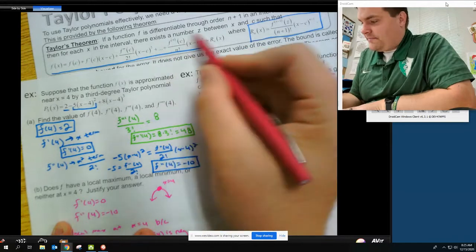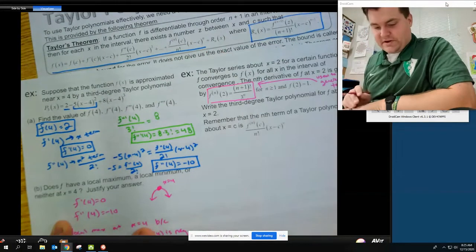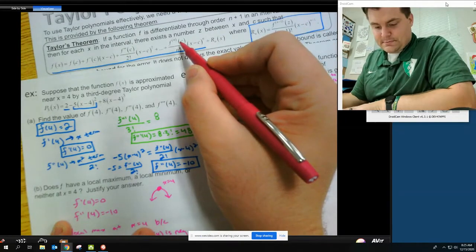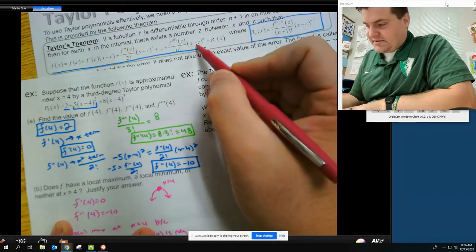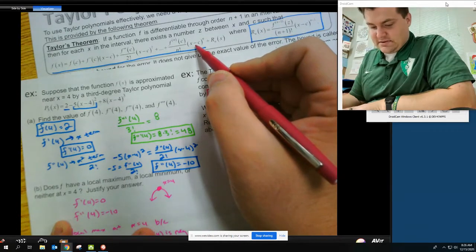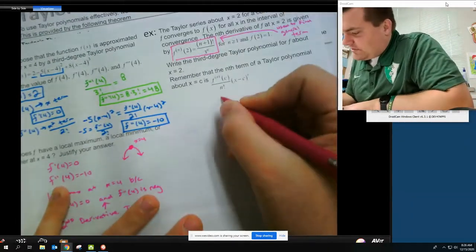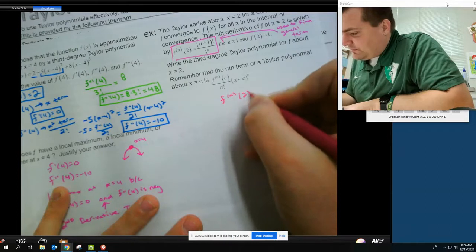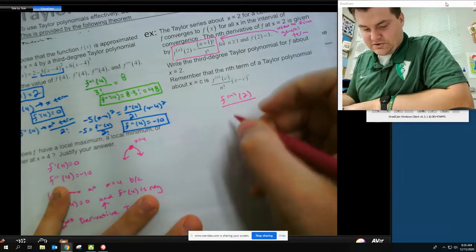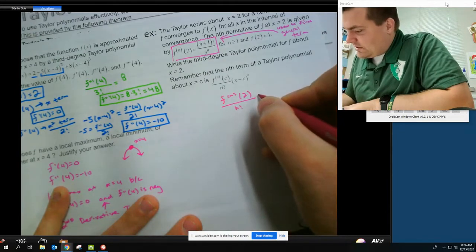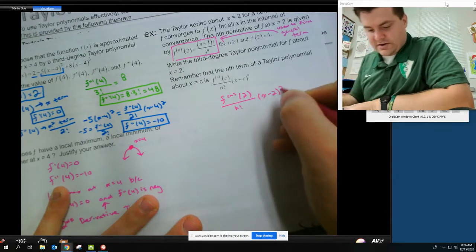If we take this part right here, centered at 2, times this, that is going to give us our general term. We're going to have this part, which is actually written right here, which is super nice. So f of n of 2 all over n factorial times x minus 2 to the n.